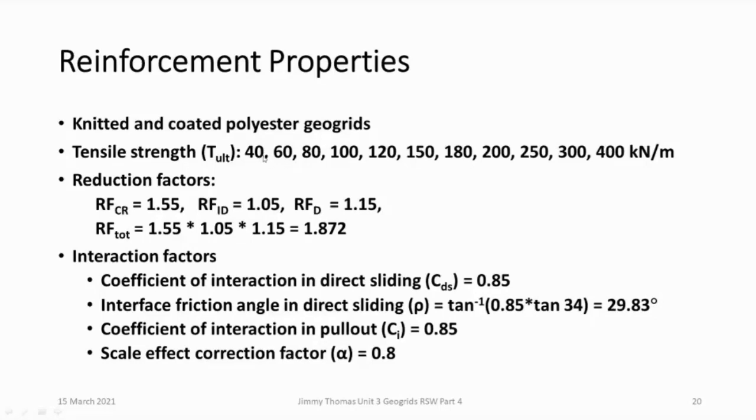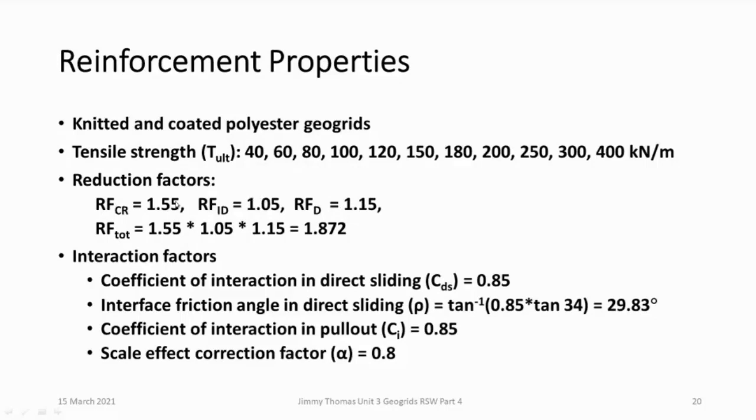Nowadays, these are the commonly available ranges of geogrids, with different strengths. Products up to 300 or even 400 kilonewton per meter are available in the market. Then there are reduction factors for creep, installation damage, and durability, which are given by the manufacturer.